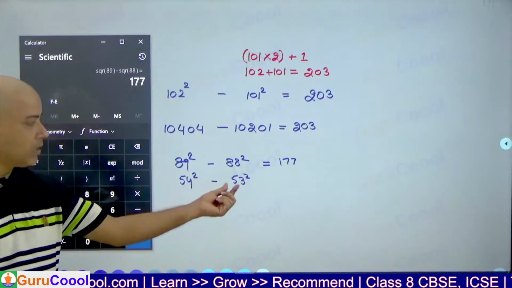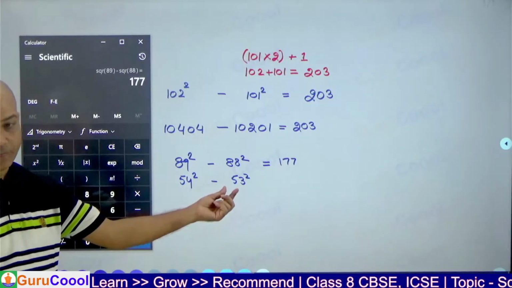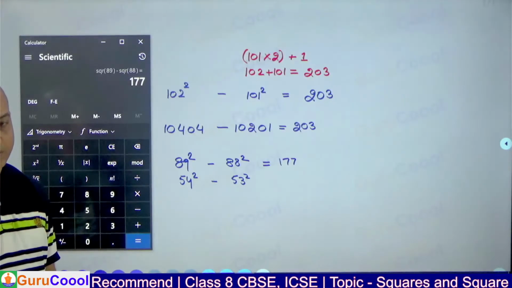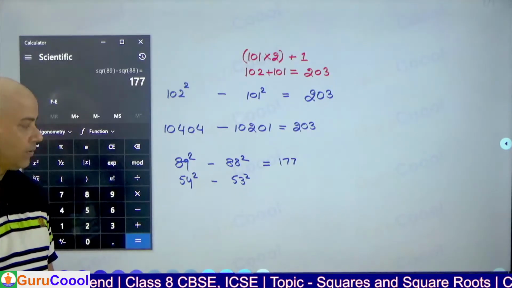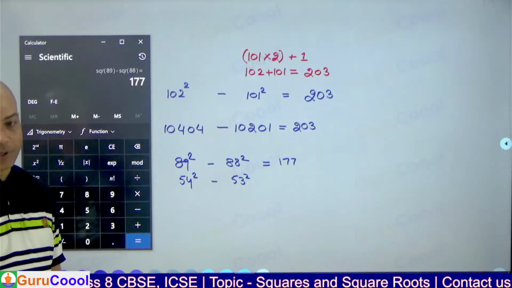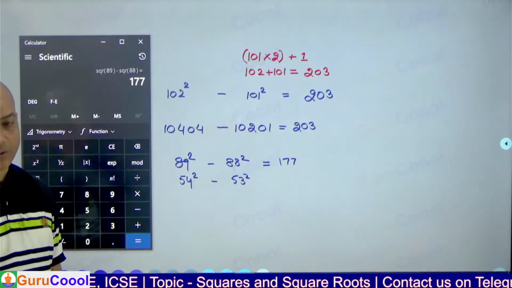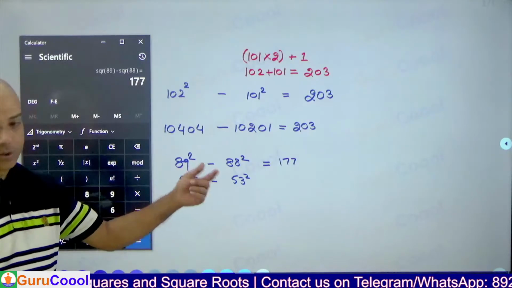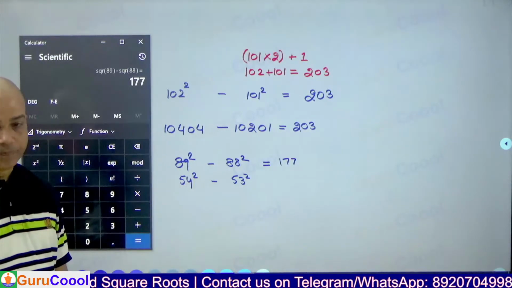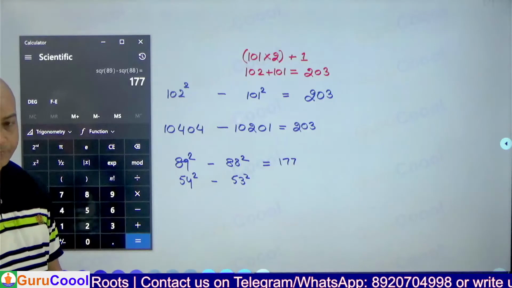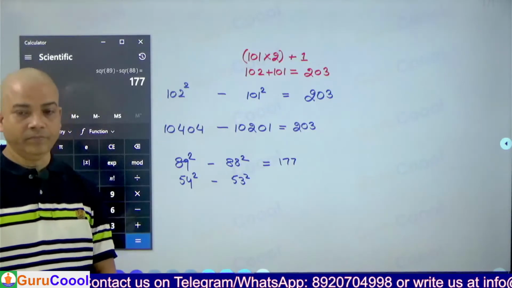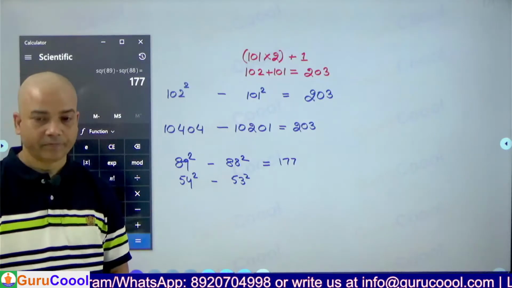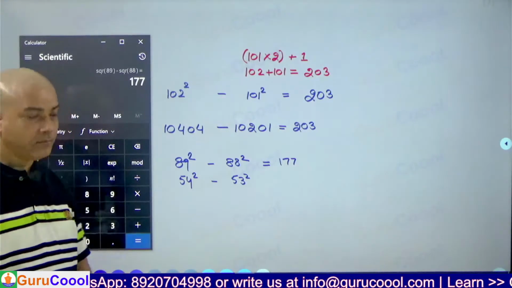Now 54 square minus 53 square. What is the smaller number? The smaller base. Sir, 54 is smaller. 53 is smaller. I said 53. What is 2 times 53? Sir, 106. 106 plus 1 is 107.